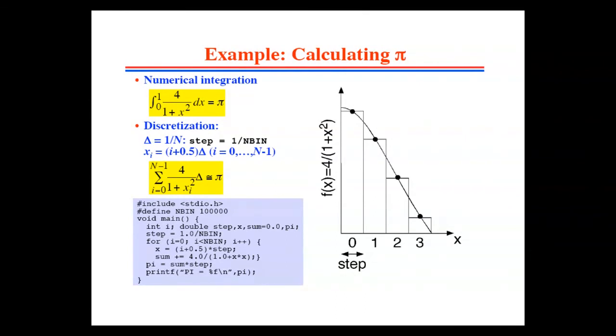The more bins you cut, with smaller bins, the better results you get. The sequential code is simple. You set up some numbers, and eventually add to the sum. It's just one for loop. You calculate each term, do the sum, and finally add the sum together to get the result.